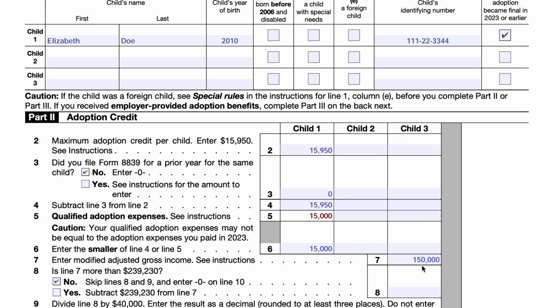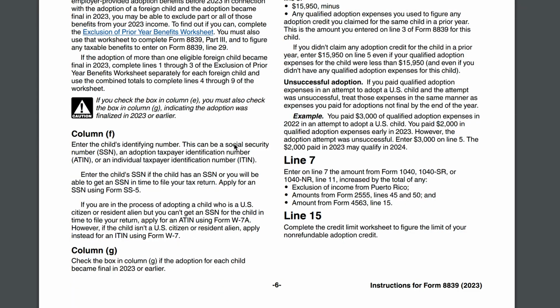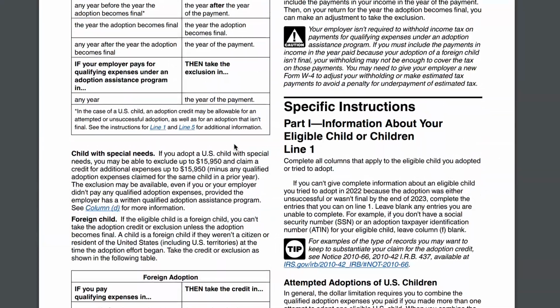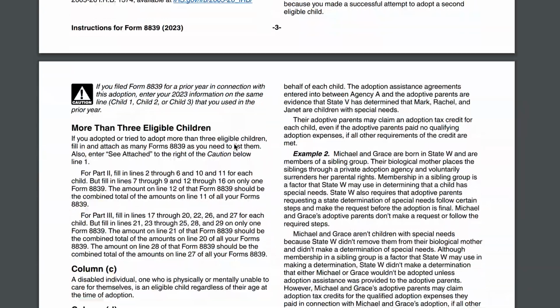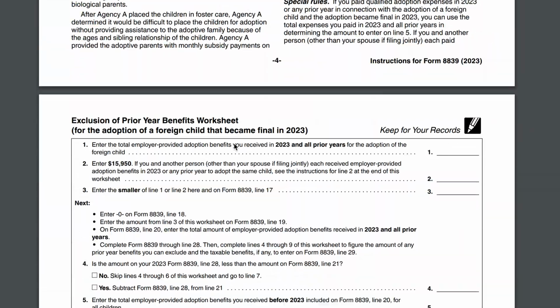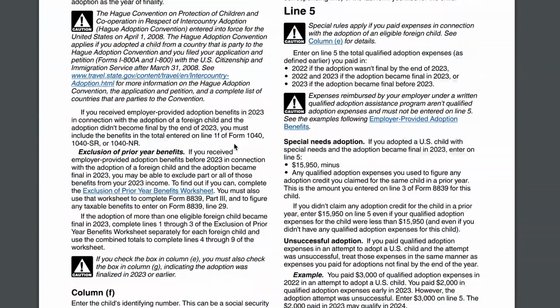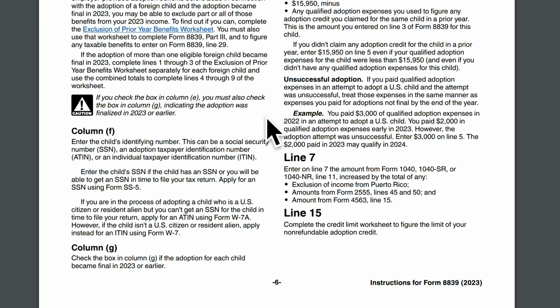So for the modified adjusted gross income, there is a calculation in the form instructions. Right here we have a table under line 7.